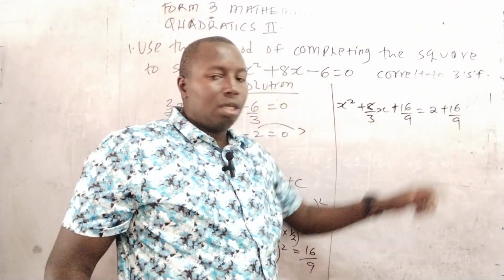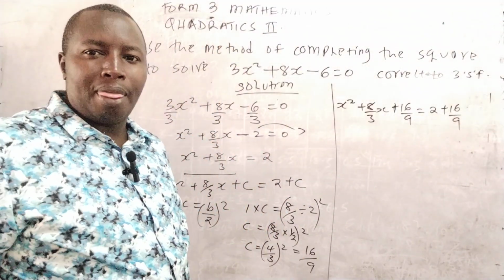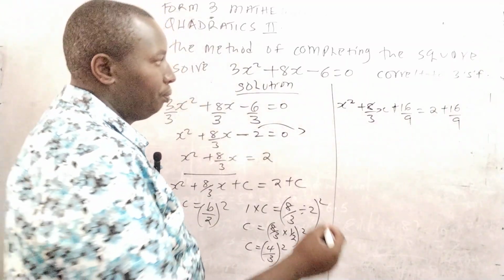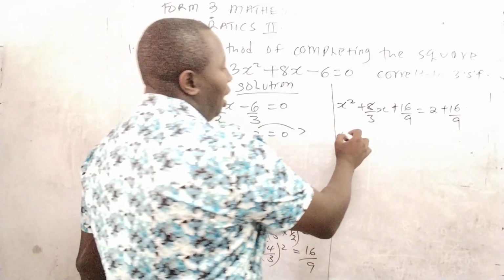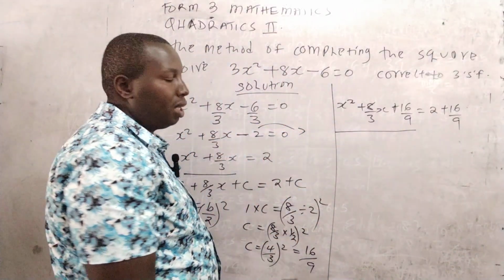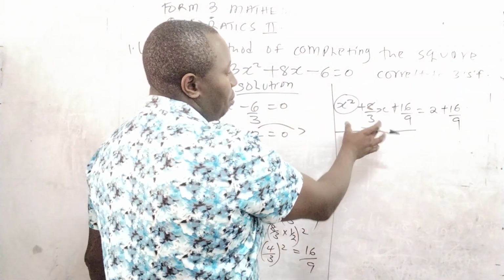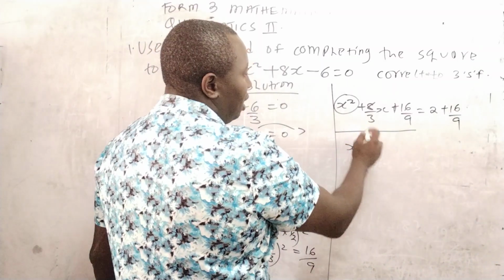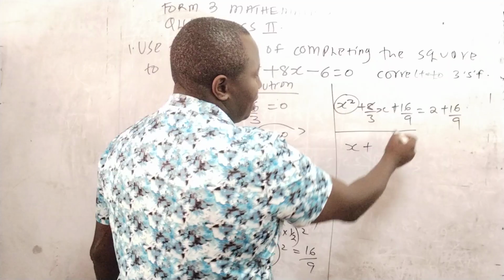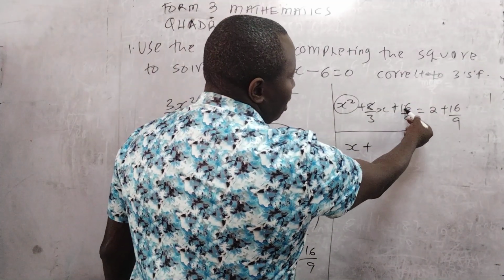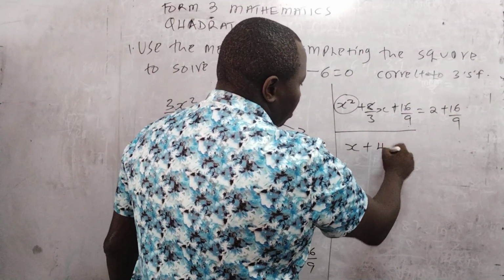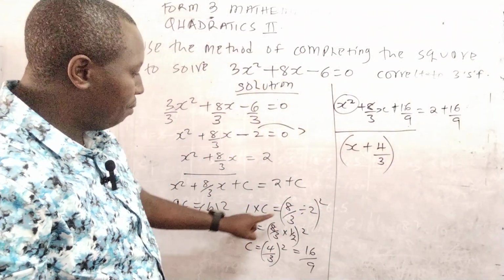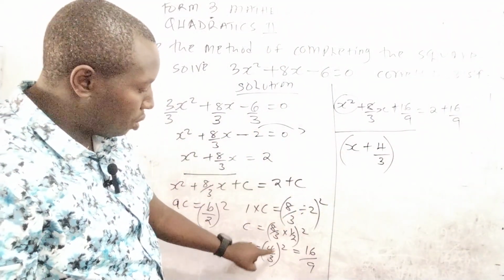Now this is already a perfect square. Once you get the perfect square, you are supposed to get the factors of this one. You get x plus the square root of 16 over 9, that is 4 over 3, which was b over 2.